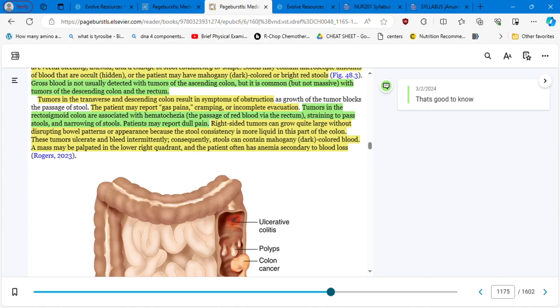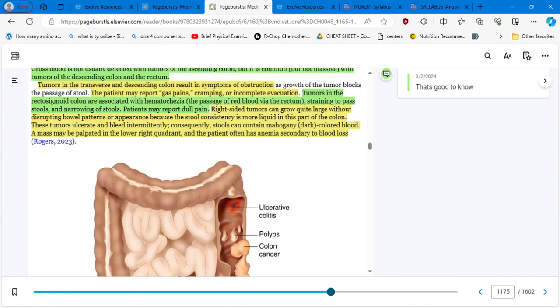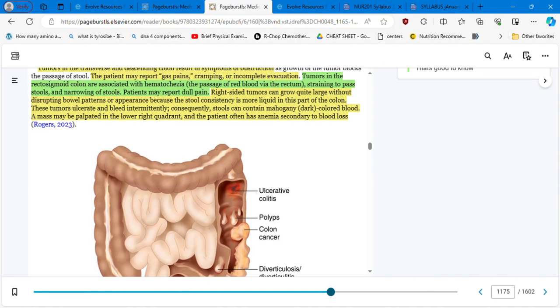Now, right-sided tumors can grow quite large without disrupting bowel patterns or appearance, because the stool consistency is more liquid in this part of the colon. Think about it. The only activity the colon does is to absorb fluids.